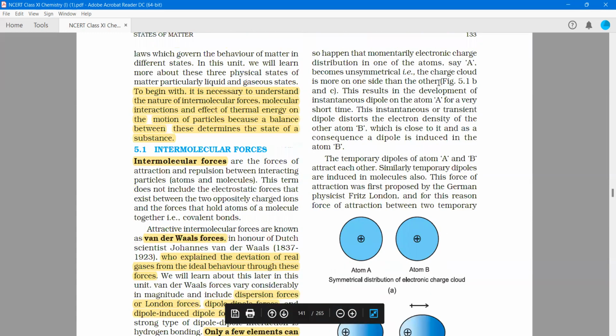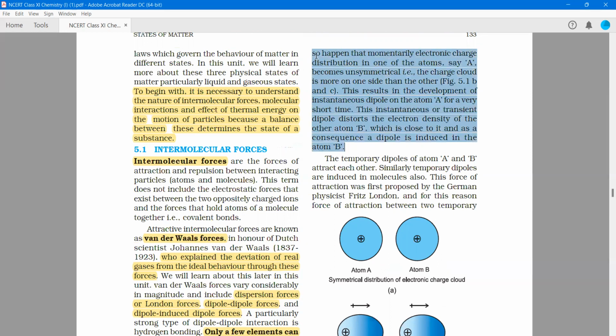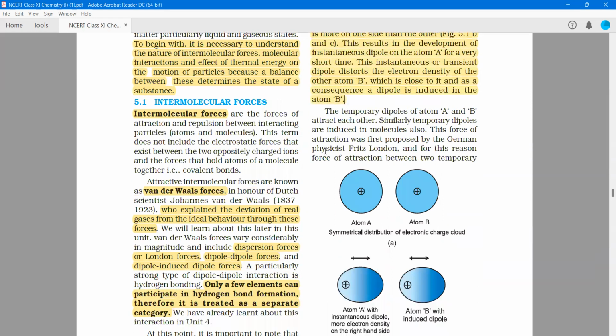This results in the development of an instantaneous dipole on atom A for a very short time. This instantaneous or transient dipole distorts the electron density of the other atom B, which is close to it, and as a consequence a dipole is induced in atom B. The temporary dipoles of atoms A and B attract each other.